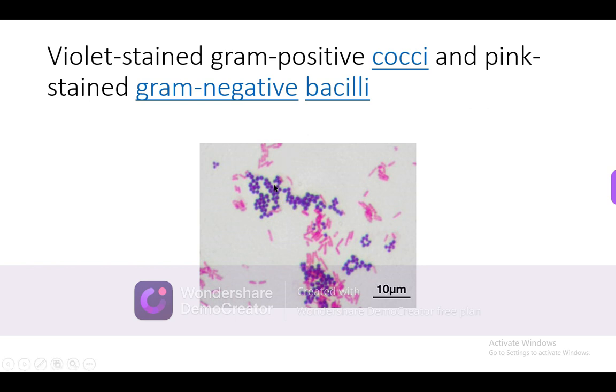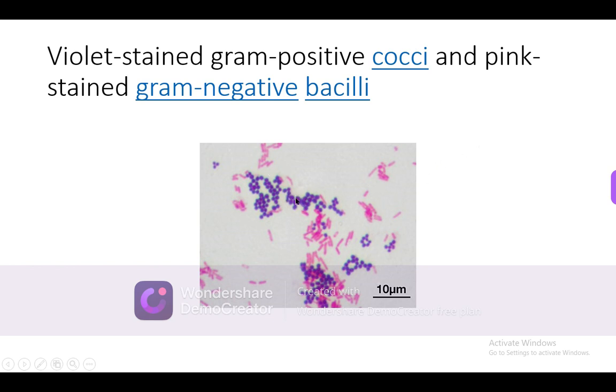The chains are gram-positive. Chains are seen here. And the gram-negative bacilli here are pink. This is crystal violet, and this is the bacilli group which is stained red because of the fuchsin.